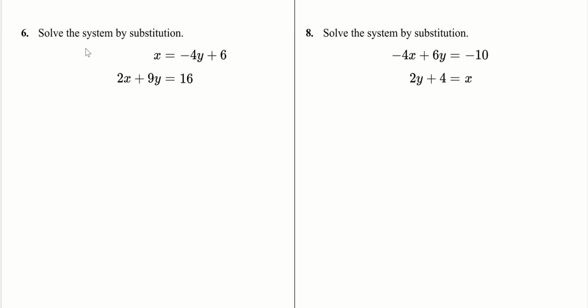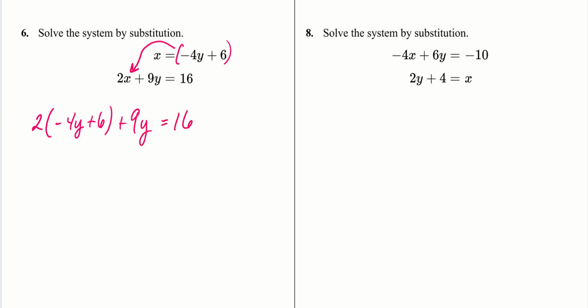Okay, so for number 6, they're telling me specifically to use substitution, so that must be the easiest way to do it. And it is, because they already solved for x for me. So basically what I can do is take this value for x and plug it into the other equation. So let's do that. So 2 times negative 4y plus 6 plus 9y is equal to 16.